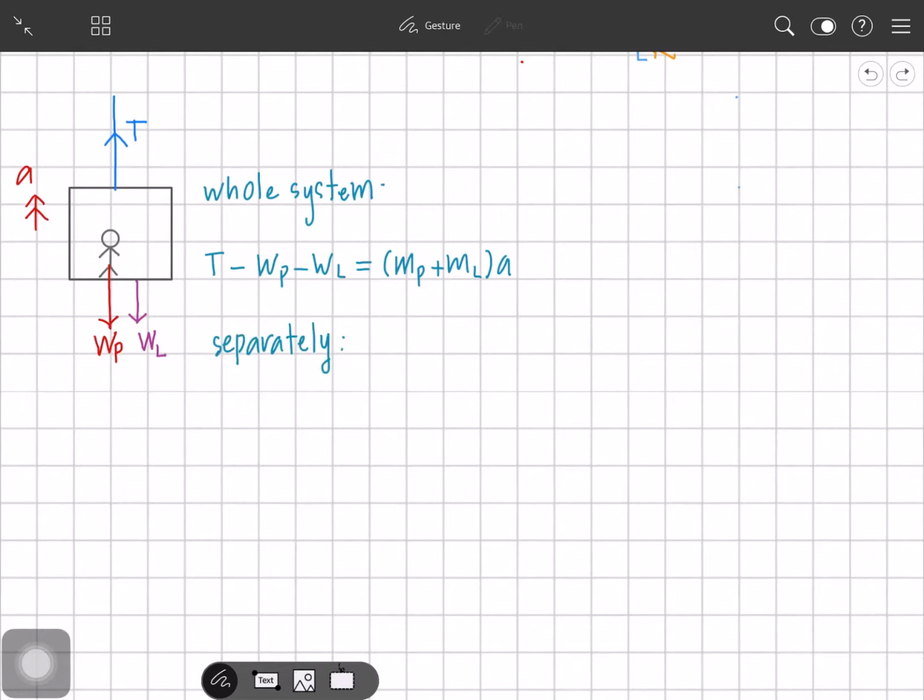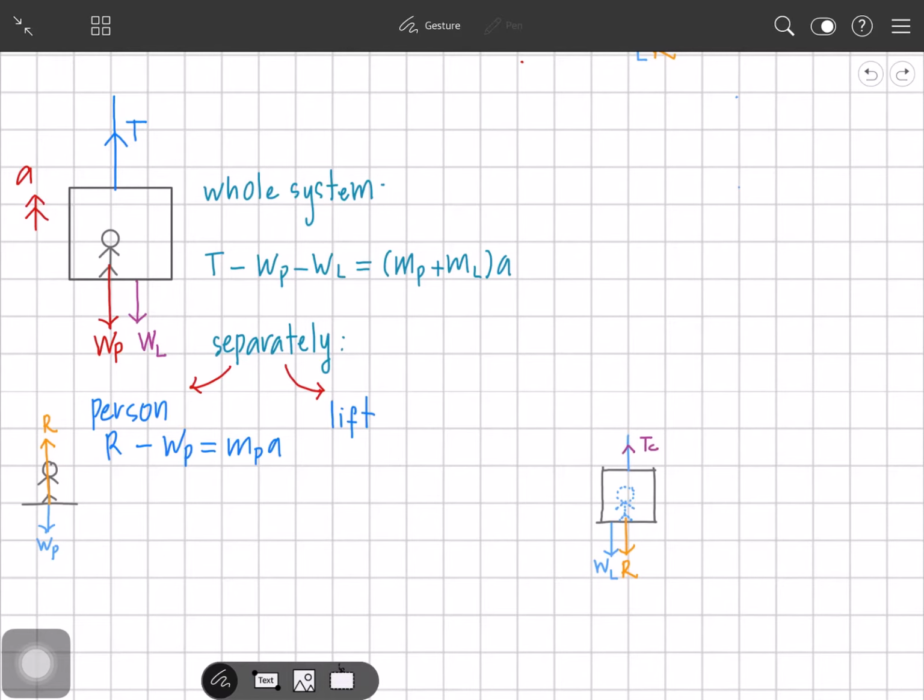If we look separately, on the person, the forces we have are the reaction force from the floor to the person and the weight of the person. We can write the equation as reaction force minus the weight of the person equals the mass of the person multiplied by acceleration.